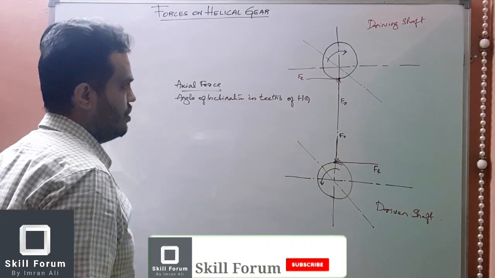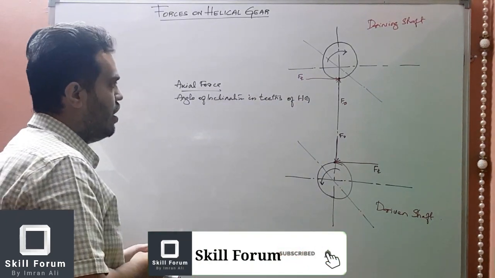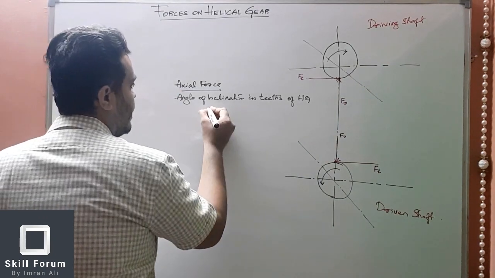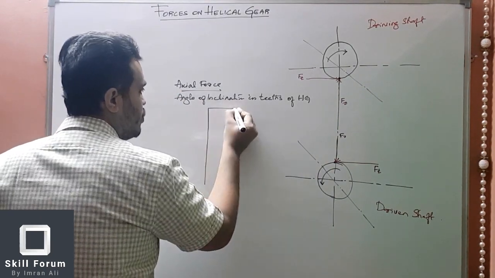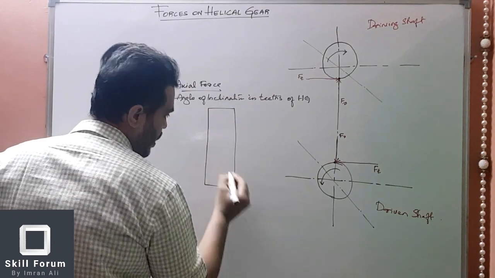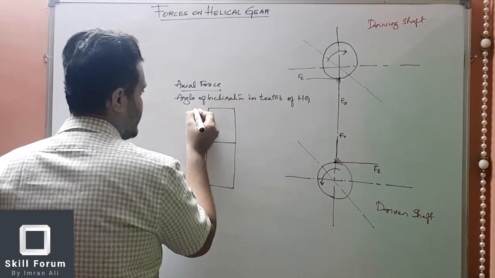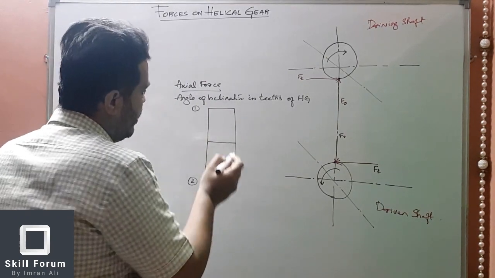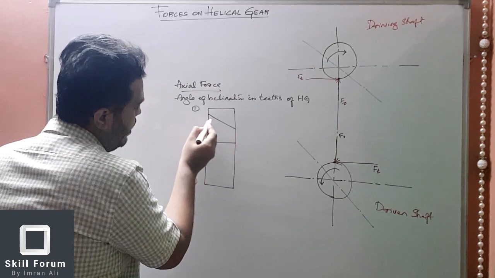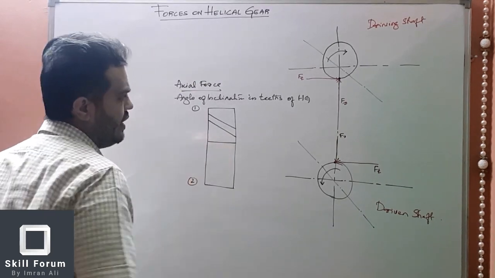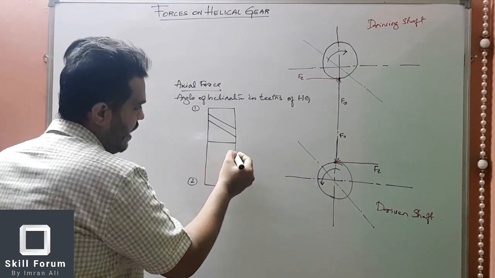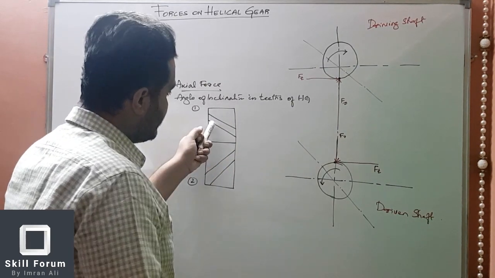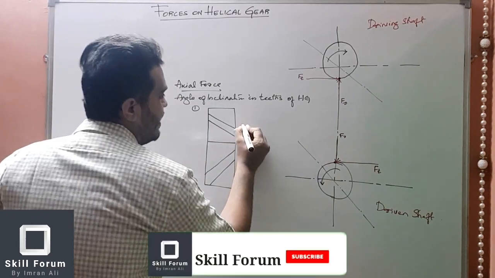So consider you have two shafts, so this is shaft 1 and this is shaft 2 here. One shaft's teeth will be towards the right side, and the other will obviously be in the opposite side, right?